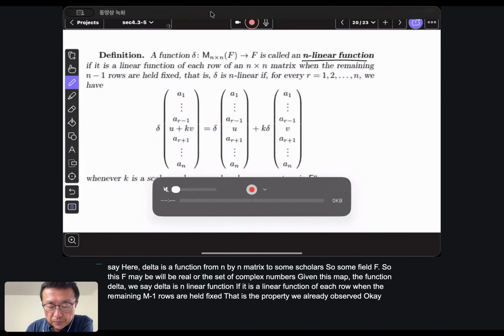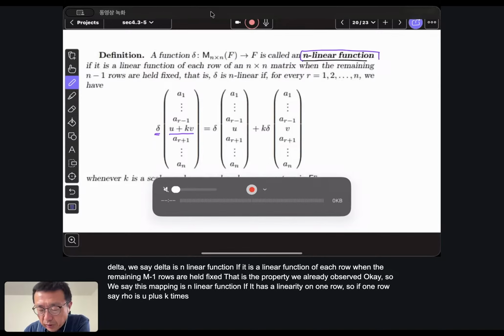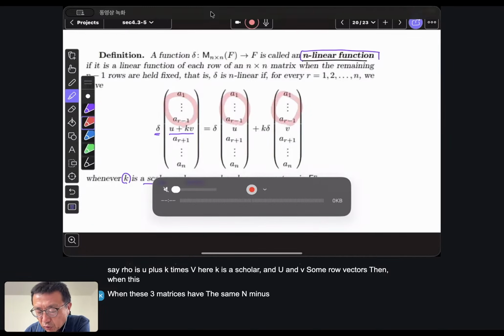So we say this mapping is an n-linear function if it has linearity on one row. So if one row, say the rth row, is u plus k times v, where k is a scalar and u and v are some row vectors, then these three matrices have the same n minus 1 rows.